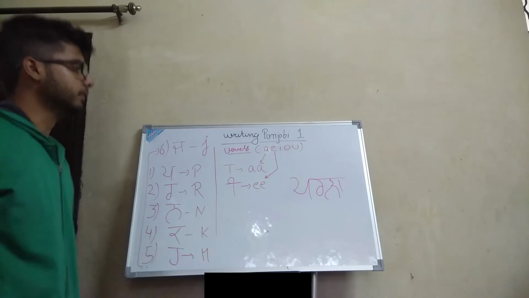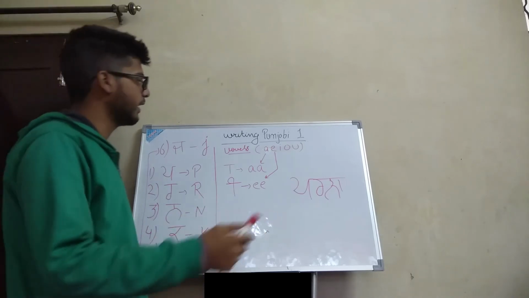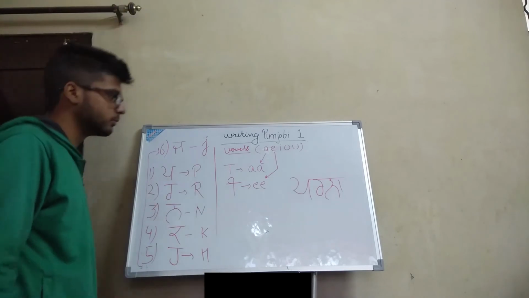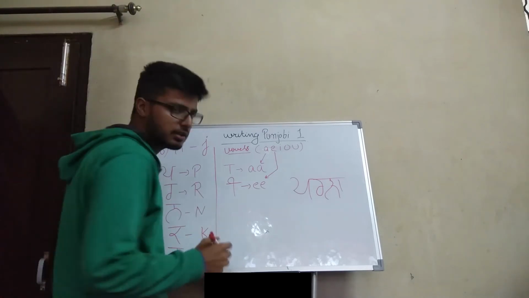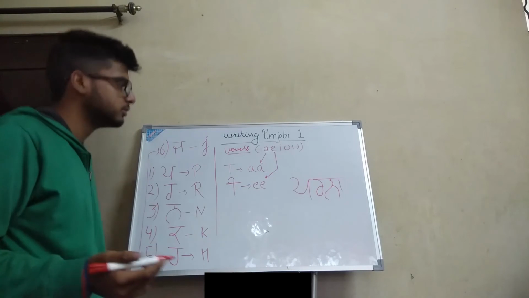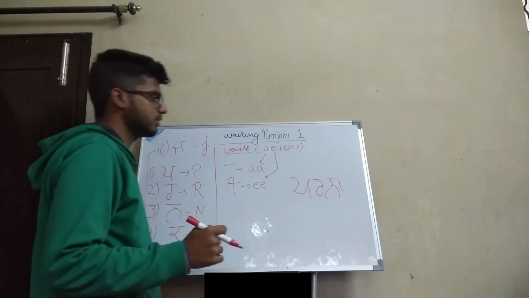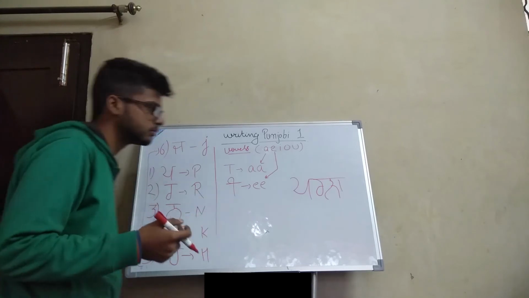We have P, we have R, N, and this double A sound. So, it is parna. Parna is also a Punjabi word that means small turban.